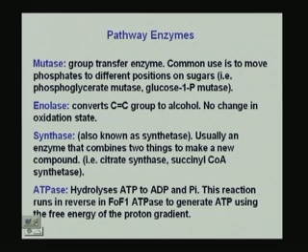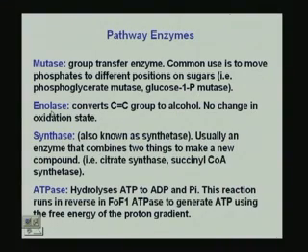The common use would be the transfer of phosphate to a different position. An example being glucose 1P mutase, which would transfer the phosphate from carbon 1 to carbon 6, forming glucose 6 phosphate from glucose 1 phosphate. In that case, you would need mutase.